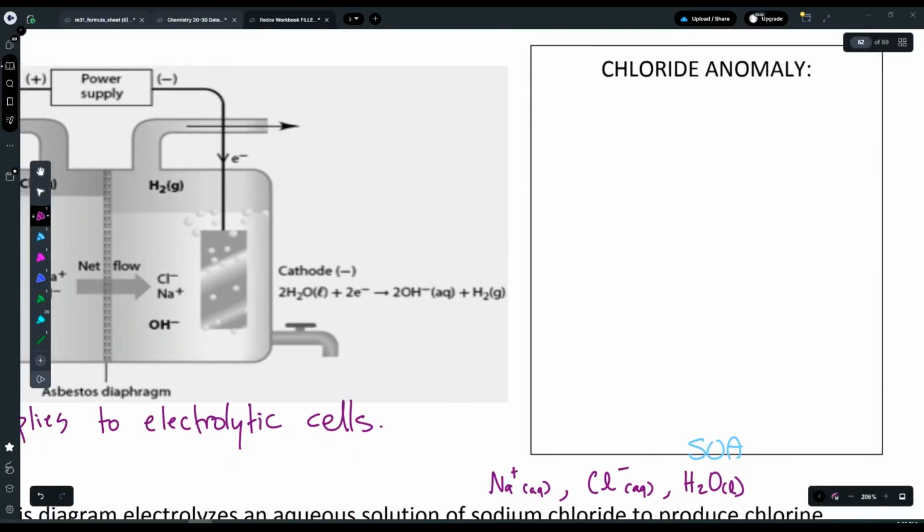However, when you have chloride ions as well as water present in an electrolytic cell, so it's very important that you understand this is only for electrolytic cells, they're essentially going to battle, like chloride ions and water are going to battle to be the SRA, and chloride ions, they will always win.